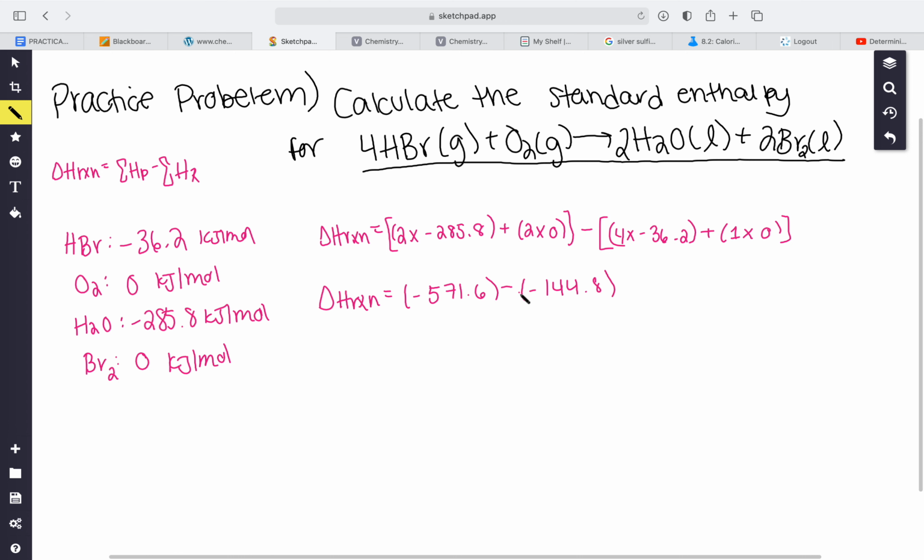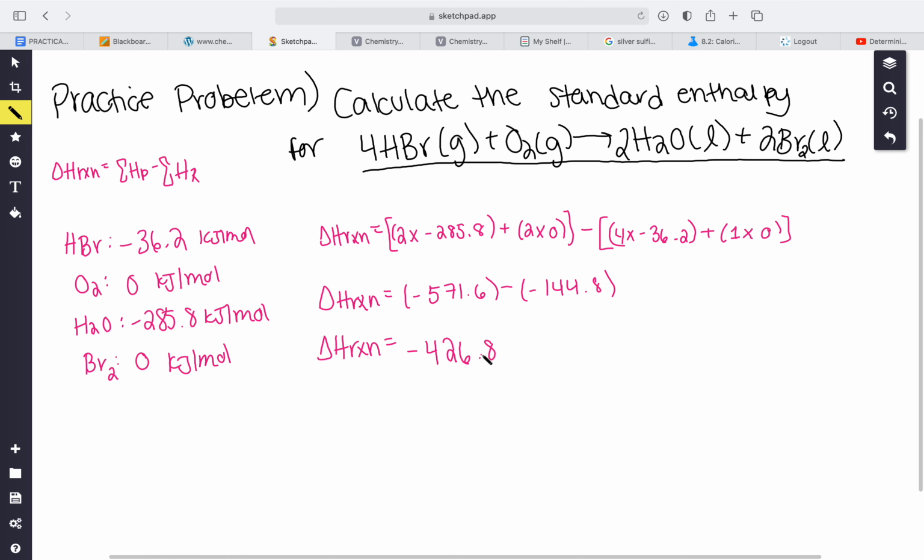From there we do basic math: negative 571.6 plus, because subtracting a negative becomes a plus, 144.8.